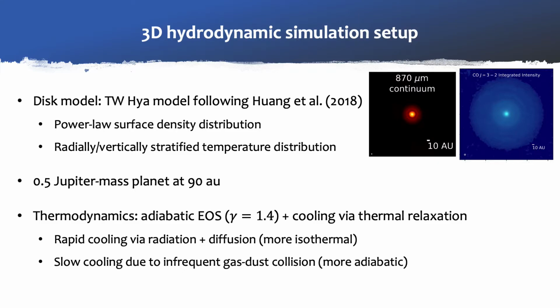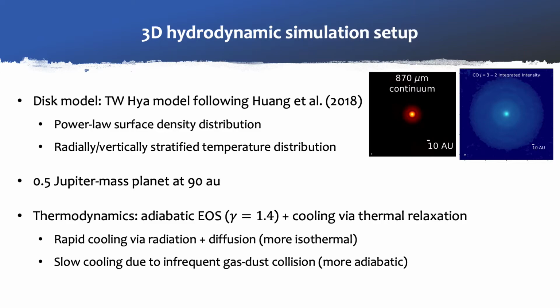The other model is a slow cooling model, and the idea behind this slow cooling model is that if you think about how gas would cool in protoplanetary disks, because most of the mass is in hydrogen molecules, which we know are poor emitters, those molecules have to first lose their energy through collisions with dust grains, and then grains radiate away the excess energy, right?